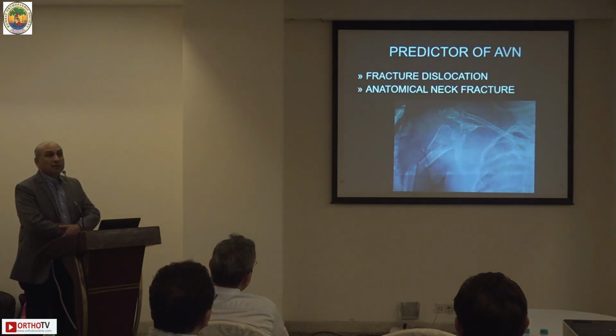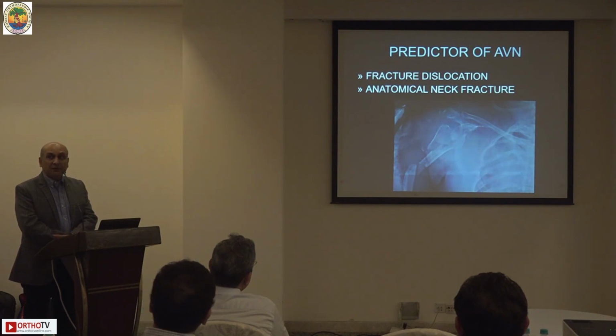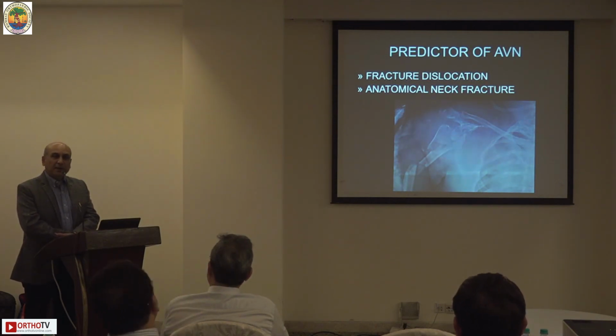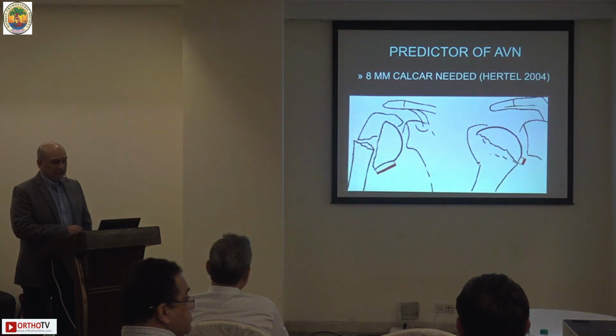So it is important to know what the predictors of avascular necrosis are. Number one, fracture dislocation and anatomical neck fractures. These two we have known since student days, that in a fracture dislocation or anatomical neck fracture, the humeral head might lose the blood supply and there might be avascular necrosis.